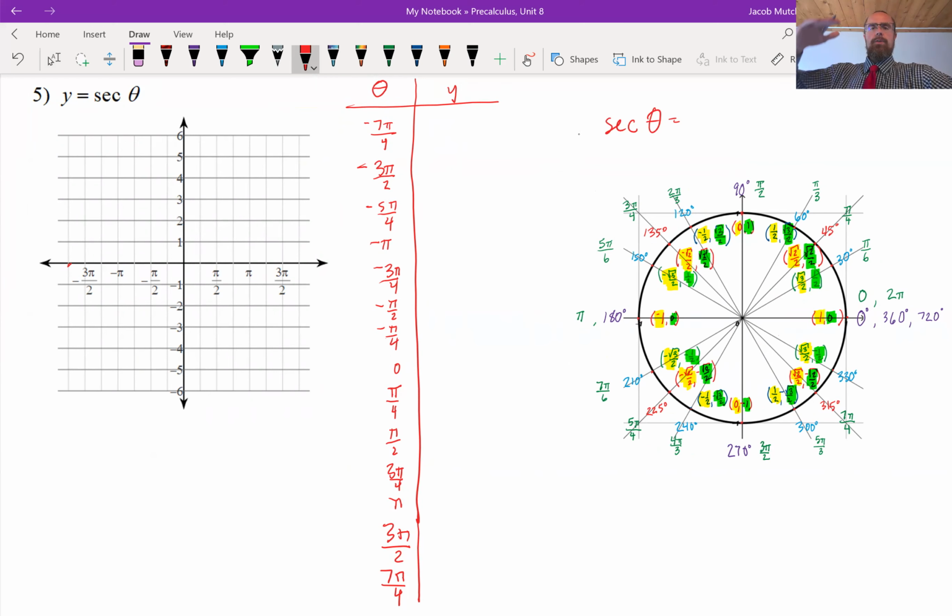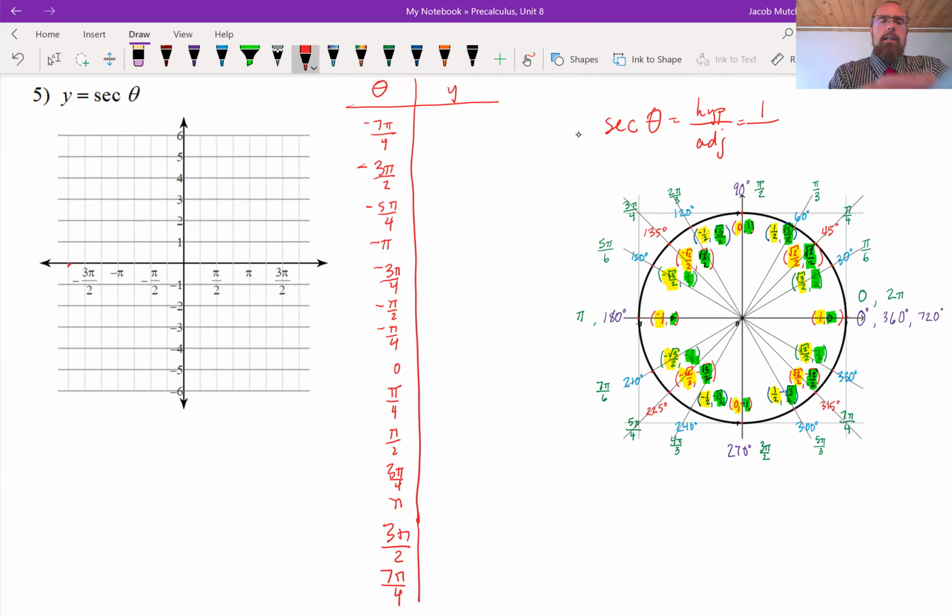So cosine is adjacent over hypotenuse. So secant is hypotenuse divided by the adjacent side. So essentially for secant, what we're going to do is take the hypotenuse, which for the unit circle is always 1, and divide it by the yellow x value.